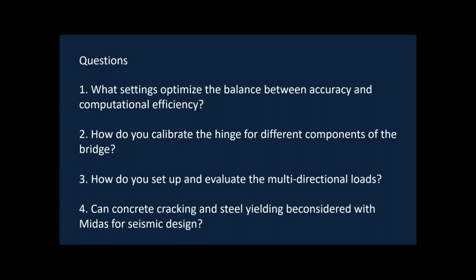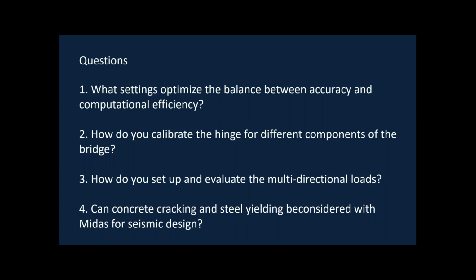So if you are going with the fiber modeling, then we have more accurate results, but the computational time is very high. But if we are using a lumped plasticity model, then the accuracy is reduced, but the time duration for the computation is very small.